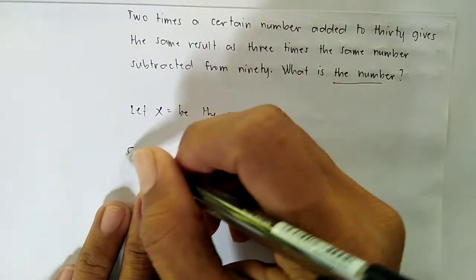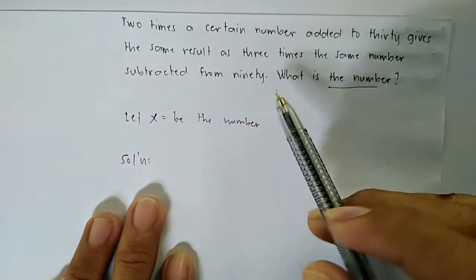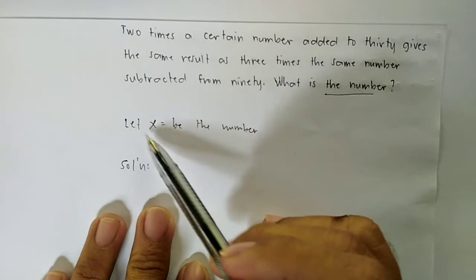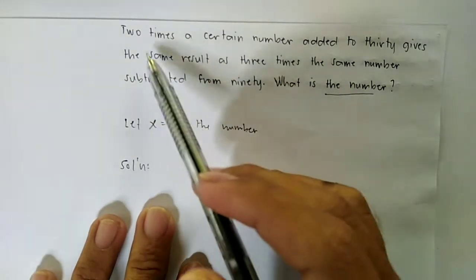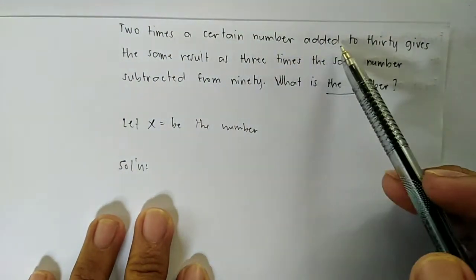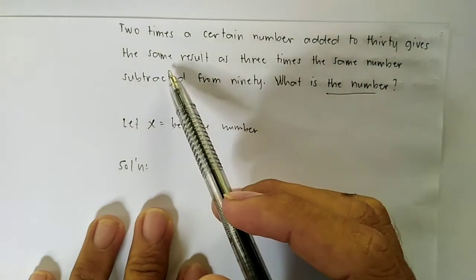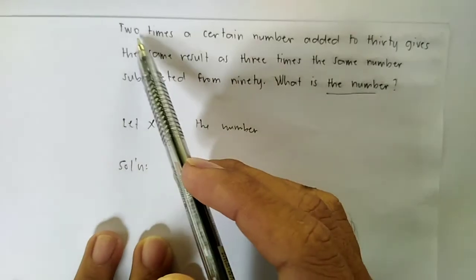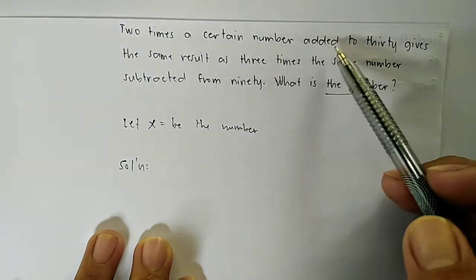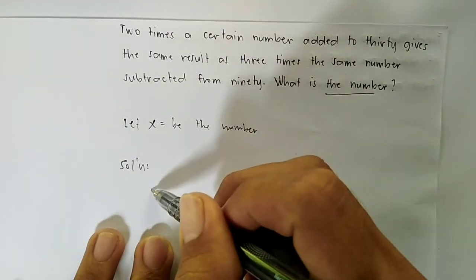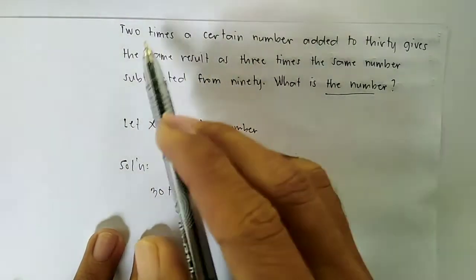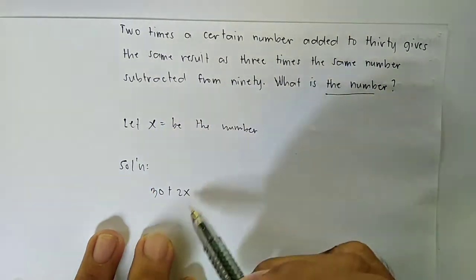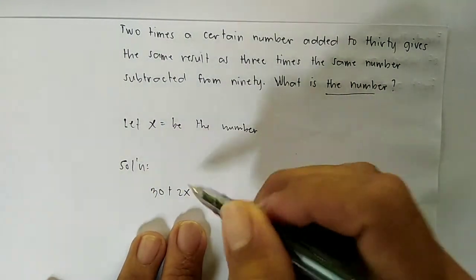So we have the solution now. Going back to the statement given in the problem, we have 2 times a certain number, and we already know that the number is represented by x. So 2 times x added to 30 gives the same result as 3 times the same number subtracted from 90. 2 times a certain number added to 30 means 30 plus 2x.